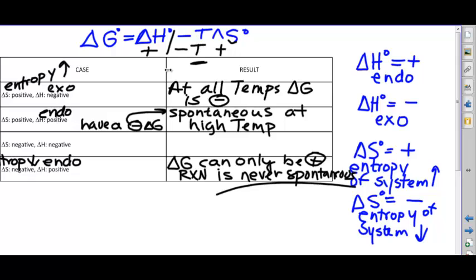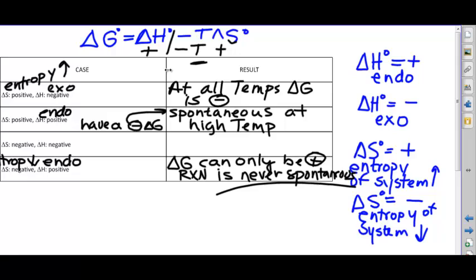But at low temperatures, this is a bigger number than this. So when T is low, delta H is the driving force for the lack of spontaneity for this reaction. If the positive is a bigger number, then delta G will be positive. If this is a bigger number, then delta G will be negative. And the way that this becomes a bigger number is by increasing the temperature.